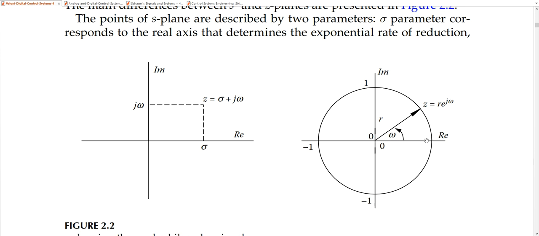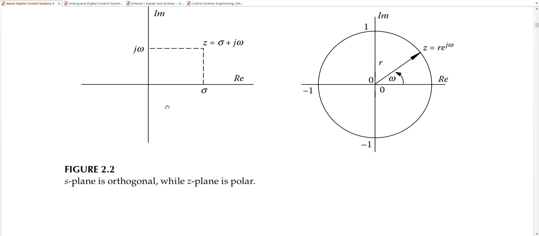So depending on the angle you create, that's your omega. The distance from 0 up until this point is the radius of our z transform, the small letter r. So there is a difference: this plane is orthogonal while the z-plane is polar. If you have a z transform, it is represented in polar form, while Laplace is in an orthogonal plane.